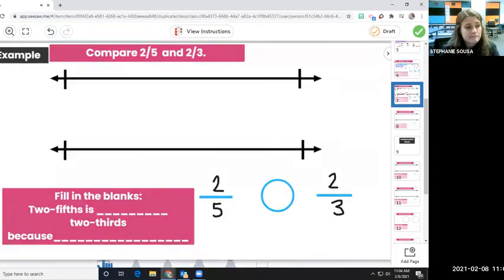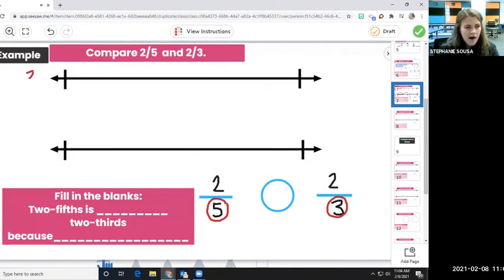Let's compare these two fractions with the same numerator using a number line. I notice the numerator is both 2, but our denominators are different. I notice one is a 5 and one is a 3. So for each number line, I'm going to represent a fraction by partitioning into these parts.